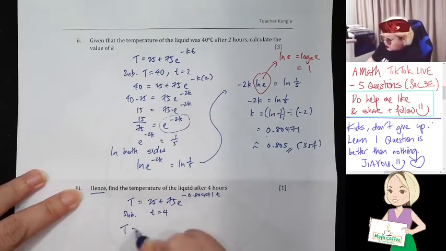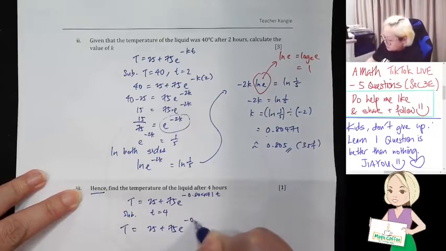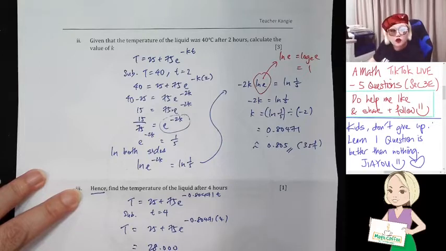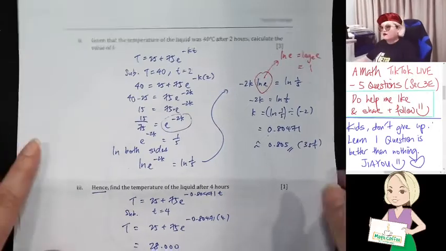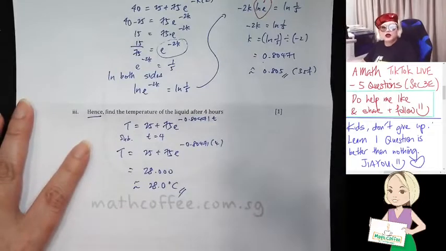I will get T equals 25 plus 75e^(-0.80471 times 4). Of course, press the calculator, you get 28.000. Round it off to 3 SF, 28.0 degrees Celsius. It means after 4 hours, the temperature now becomes 28 degrees Celsius.